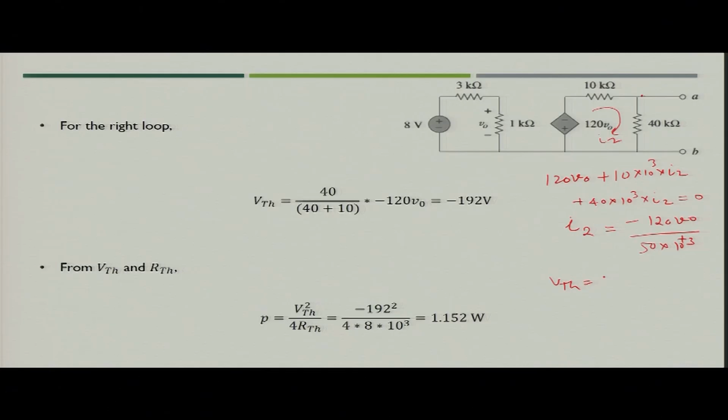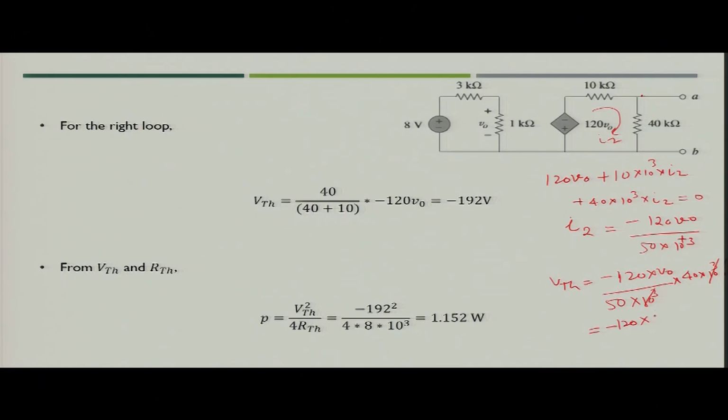So, this will become minus 120 into V naught divided by 50 into 10 to the power 3 into 40 into 10 to the power 3. So, this 10 to the power 3 terms will cancel out, you will get finally minus 120 into V naught.